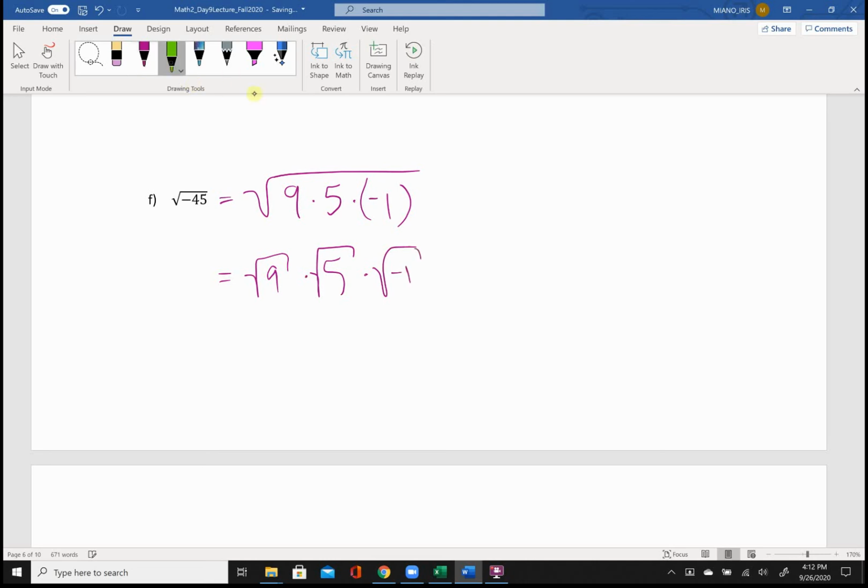So this right here is i. This right here is a 3. So we can write this as 3 square root 5 i. And that's the order of elements that you want. You want your integers out in front, your radicals next, and then your i at the end. That order is best.